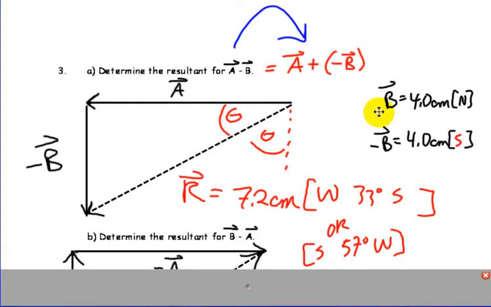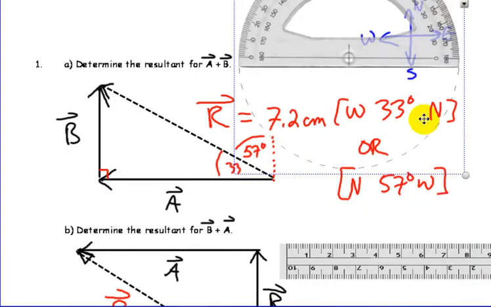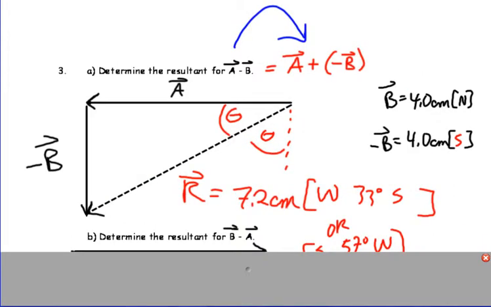Okay? So again, if vector B is 4 centimeters north, negative B is 4 centimeters south, the opposite direction. So it's different. West 33 south, versus west 33 north, so you can see it does change the direction. Vector subtraction gives you a resultant that is different.